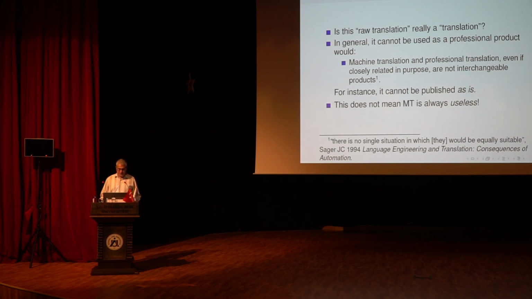In fact, this complementarity between machine translation and professional translation was recognized very long ago by J.C. Sager when he said that there is no single situation in which machine translation and human or professional translation are equally suitable. So we're in for collaboration.